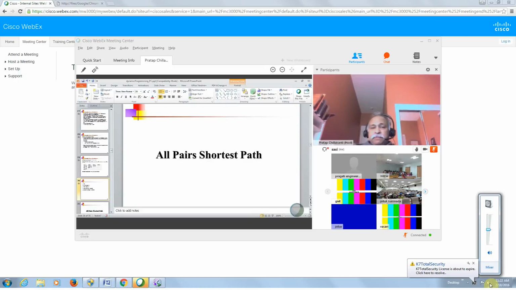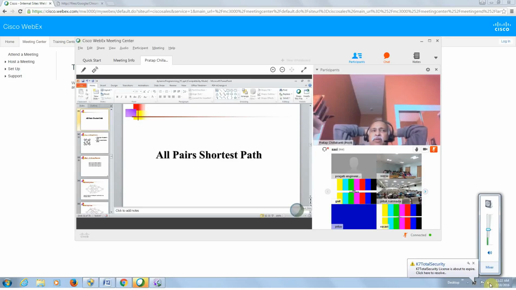Okay. Now let's get into, so we are still in dynamic programming. These are all examples of dynamic programming. We looked at matrices, and we saw how dynamic programming helps in understanding the order in which matrices have to be computed.